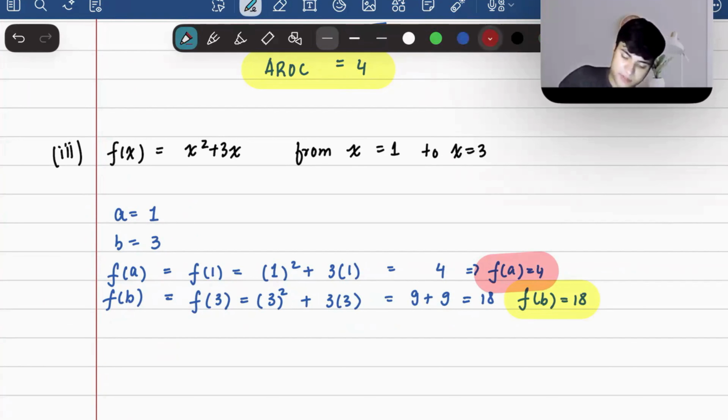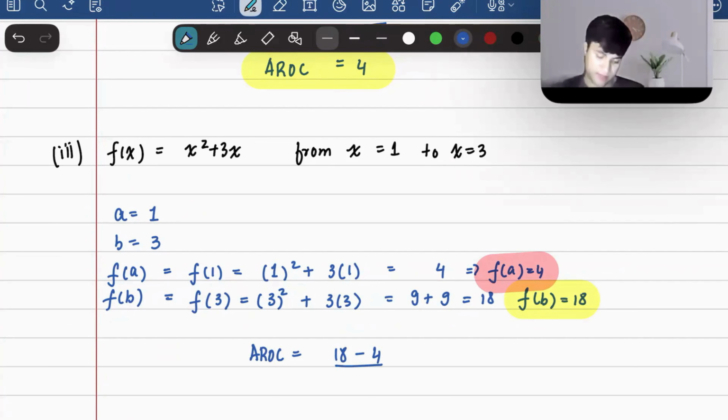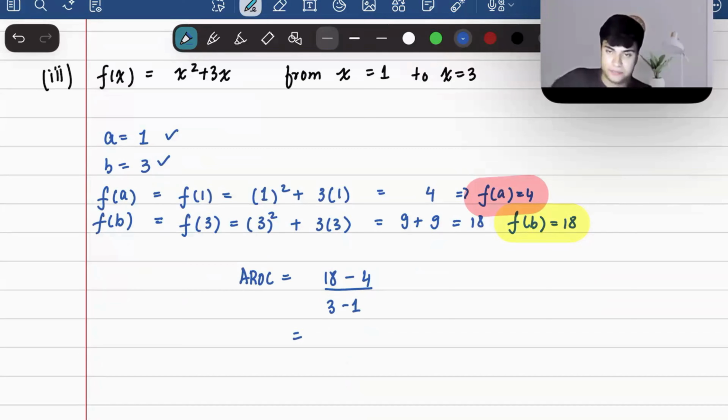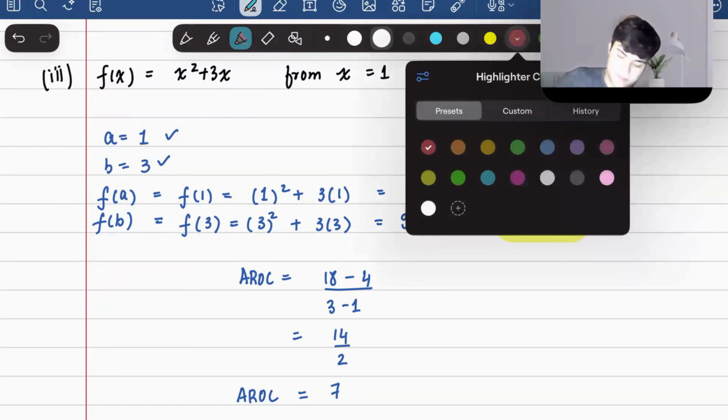So average rate of change equals 18 minus 4, divided by b minus a. Remember, b minus a, 3 minus 1, which equals 2. So 18 minus 4 is 14, and 14 over 2 is 7. So the average rate of change here is 7.